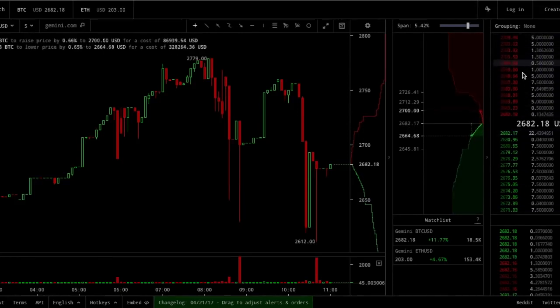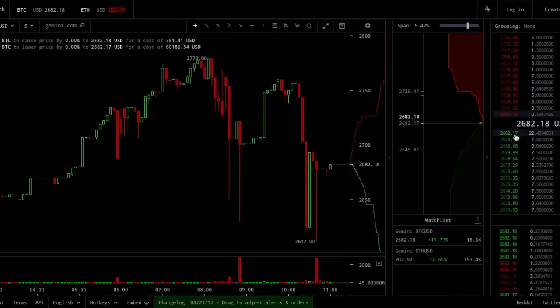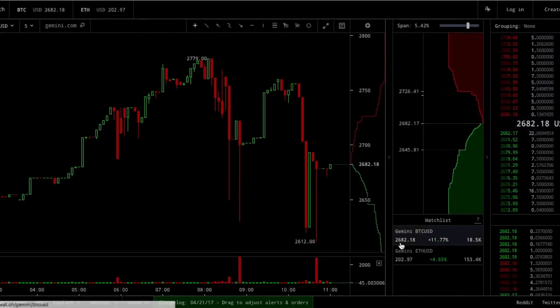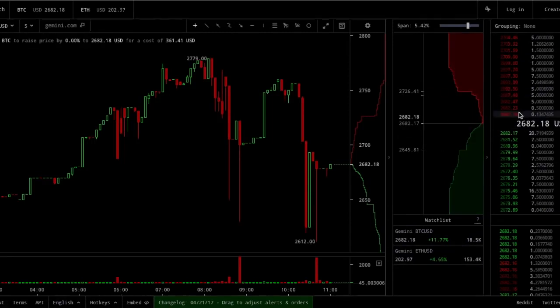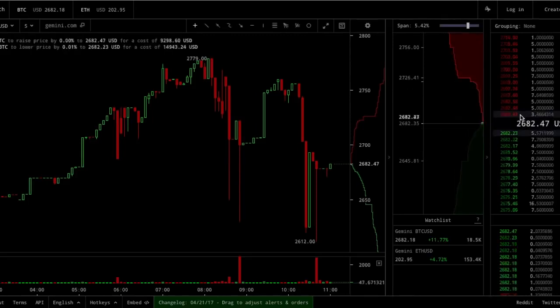That's very weak walls for the offers, which would mean that price would likely just shoot right through all those, because remember, if there's only one Bitcoin being offered at this price, once someone buys that, price goes up. As you can see, price just did go up again.